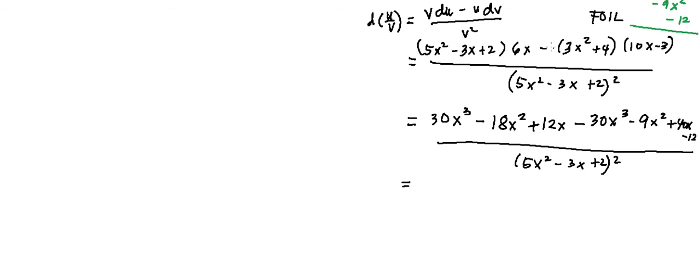Oops, nakalimutan po natin itong minus. Dapat mag-change po tayo ng sign kasi ito po ay minus. Kaya instead na minus to, magiging plus. Kailangan natin i-change yung sign nung nasa loob.